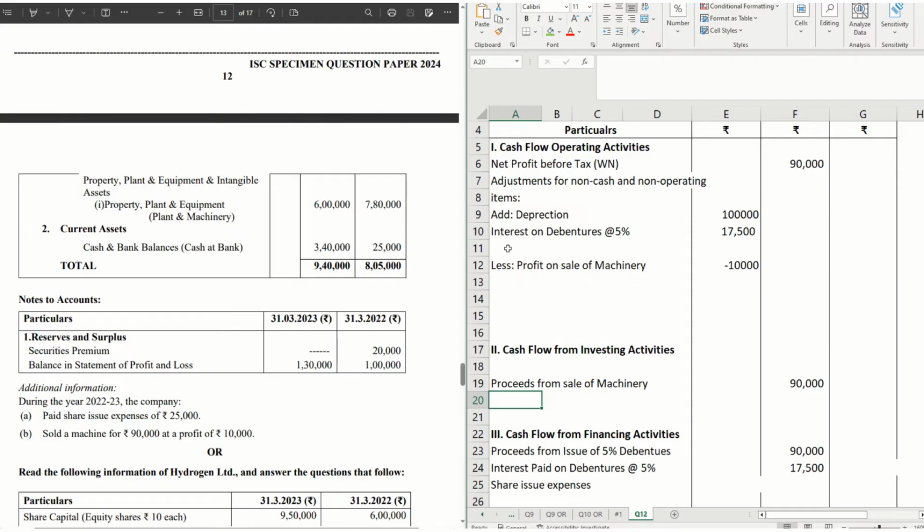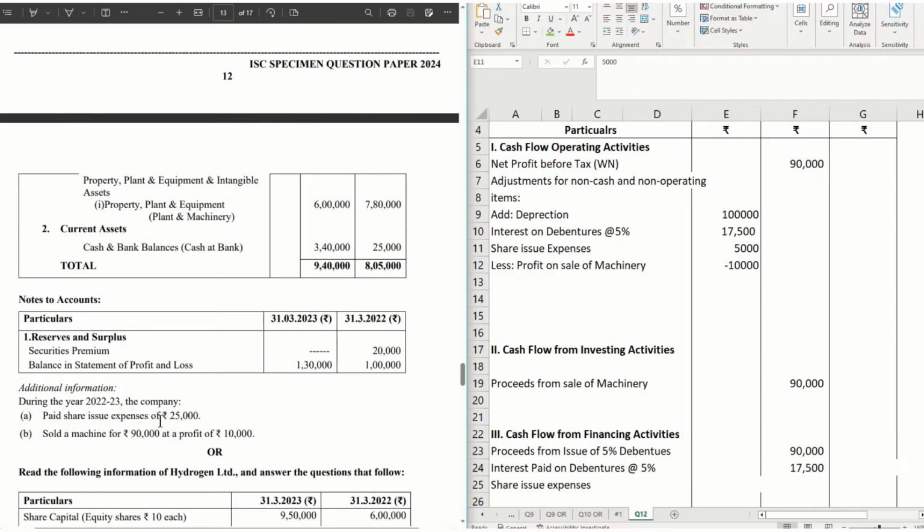Let's come here. Here there will be another item that will be added, which will be share issue expenses, which is 5,000 that has been written off against statement of profit and loss. That will be added back because this is also a non-operating item that has been added here under the head extraordinary item.